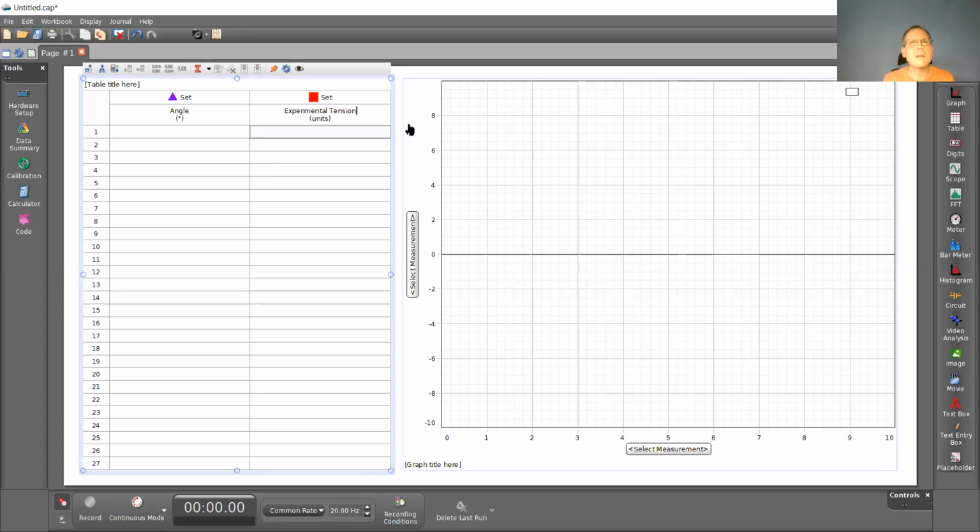And in units would be newtons in this case. Okay, so remember my angles were like 20, 30, 40, 50, 60, then 65, 70, 75, 80, 85. And then let's say, I'm just gonna make up some somewhat reasonable values here.